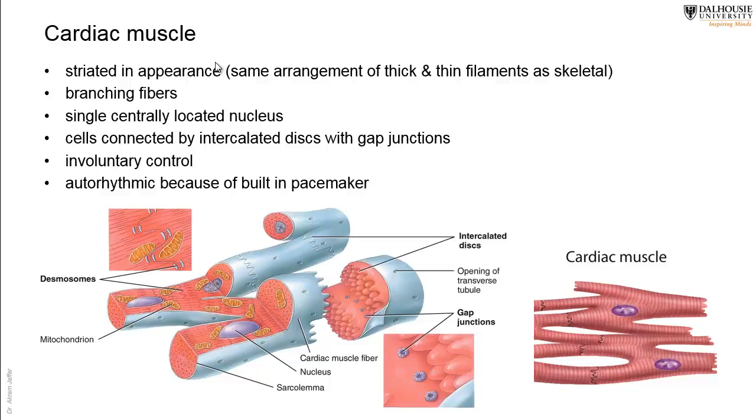The gap junctions and desmosomes are present at places which are called intercalated discs. So the intercalated disc is a junctional complex formed of desmosomes and gap junctions.